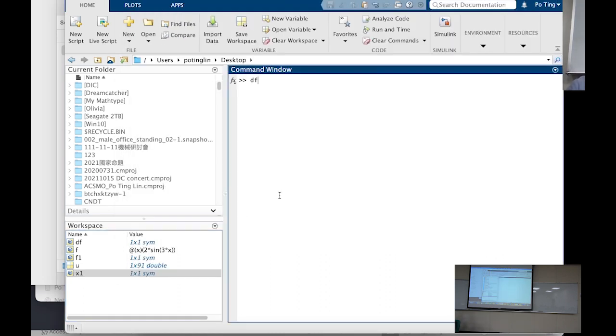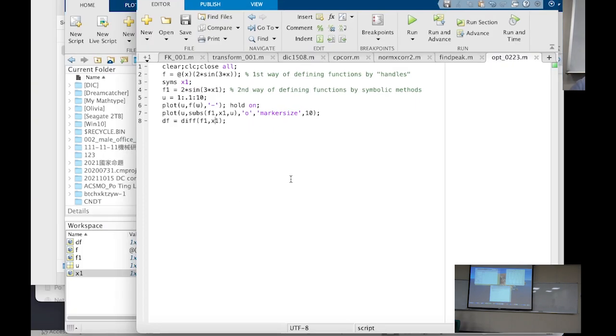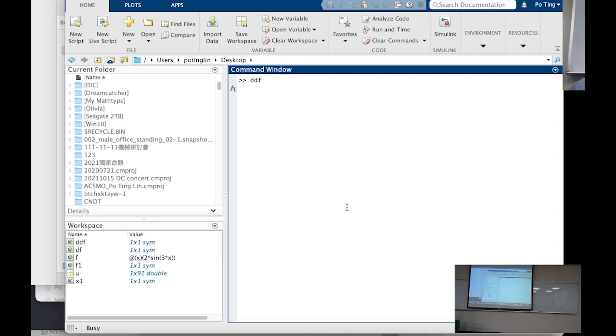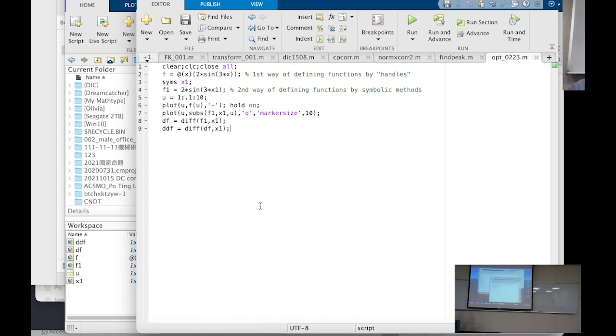So let's take a look at df. df basically will be 6 cosine 3 times x1. MATLAB knows how to do derivative on symbolic functions. So let's do ddf, another round of derivative. So ddf is your second order derivative. So we get those prepared.